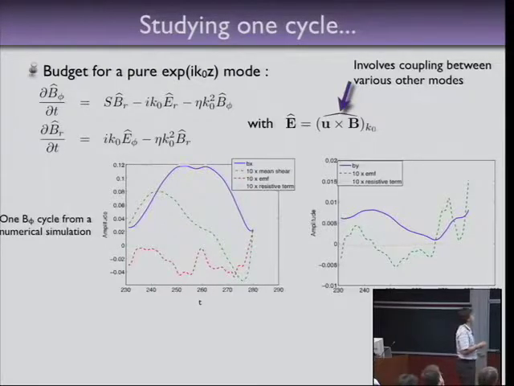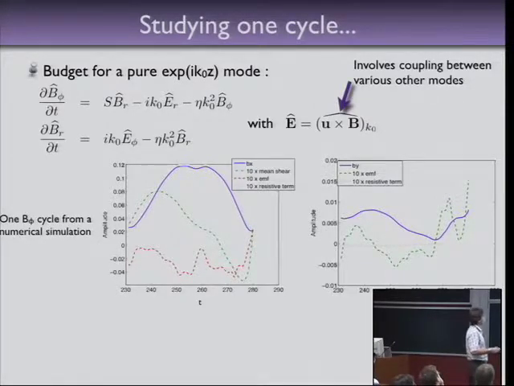So in the beginning, you are creating some B phi, and this is why the B phi is growing. And at later time, this term gets reversed, which means that you are destroying some B phi. If you take a look at the EMF term, it's the red line here, and you see that this term is always negative, meaning that this E phi term is actually a turbulent resistivity in this problem.